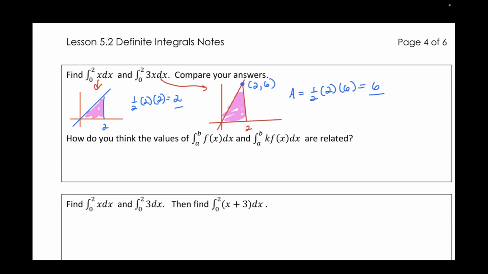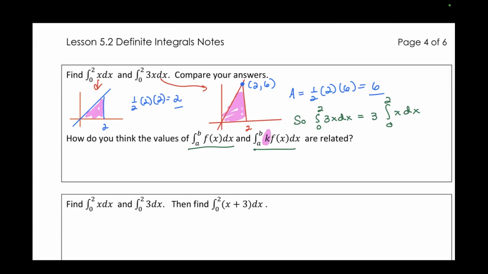All right. So the big takeaway here is the integral from 0 to 2 of 3x dx is equal to 3 times whatever the definite integral is from 0 to 2 of x dx. Even more generalized here, notice I just have a constant k that I'm multiplying by the function.